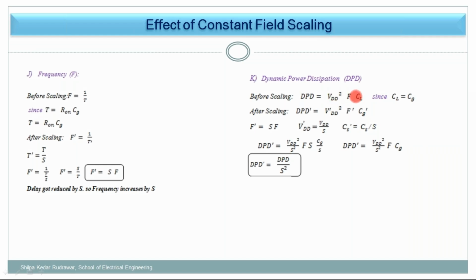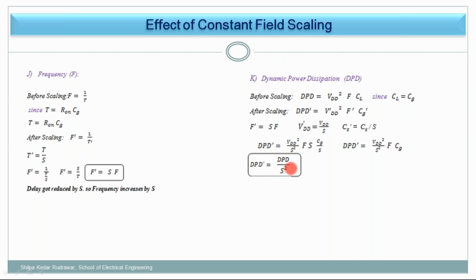So VDD square into F into CL, where CL is nothing but CG, and the value related to CG dash we have already found. So after putting these values, what you are able to get is that previously dynamic power dissipation was DPD, but now because of constant field scaling, your dynamic power dissipation decreased by S square.